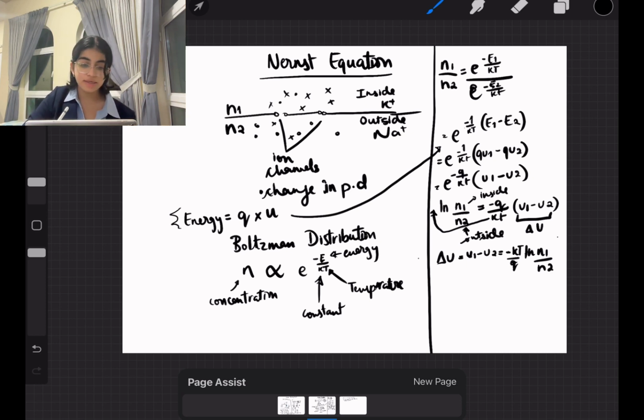So to summarize, the ion pumps cause a concentration difference, which causes a voltage difference, and this is described by the Nernst equation.